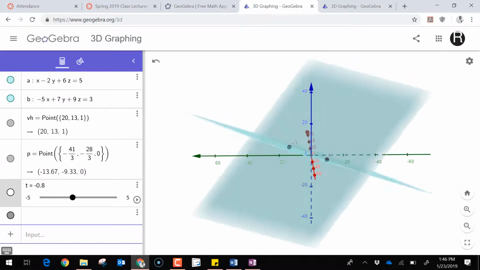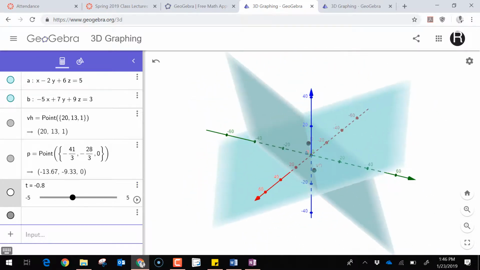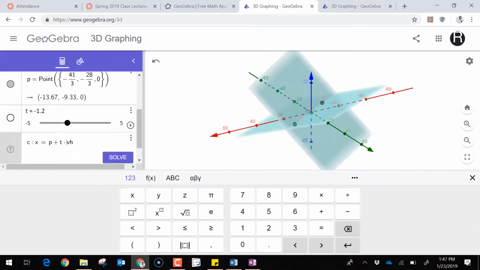nothing's happening. Where's this point? Oh, I need to put the input.